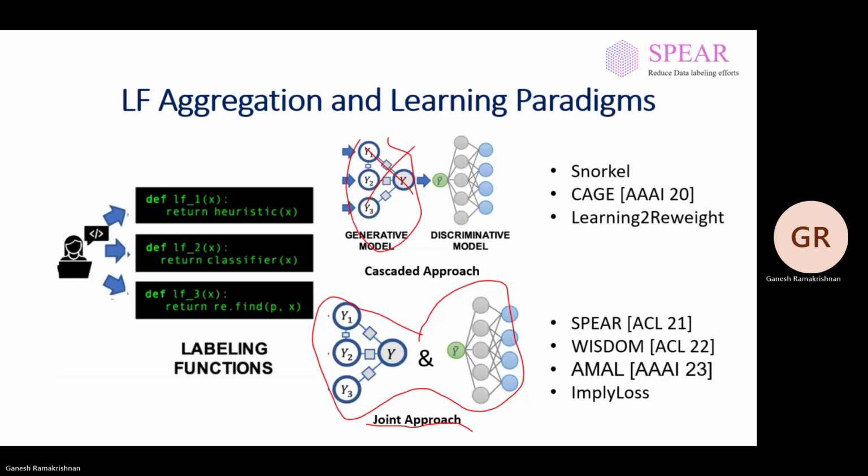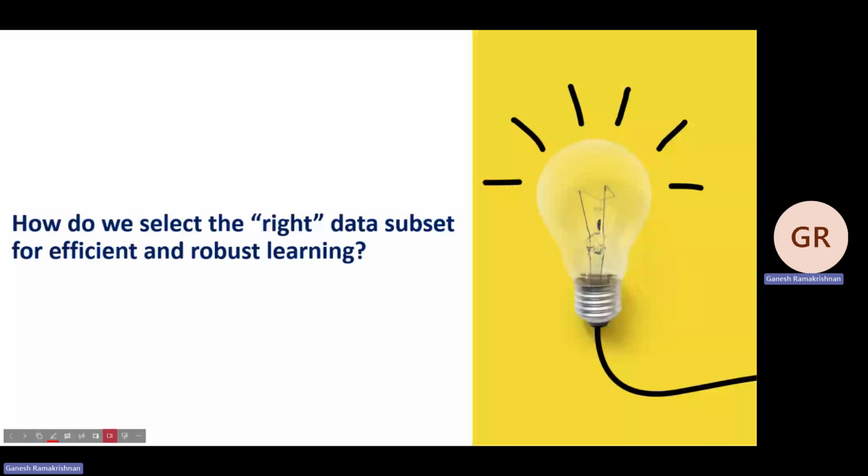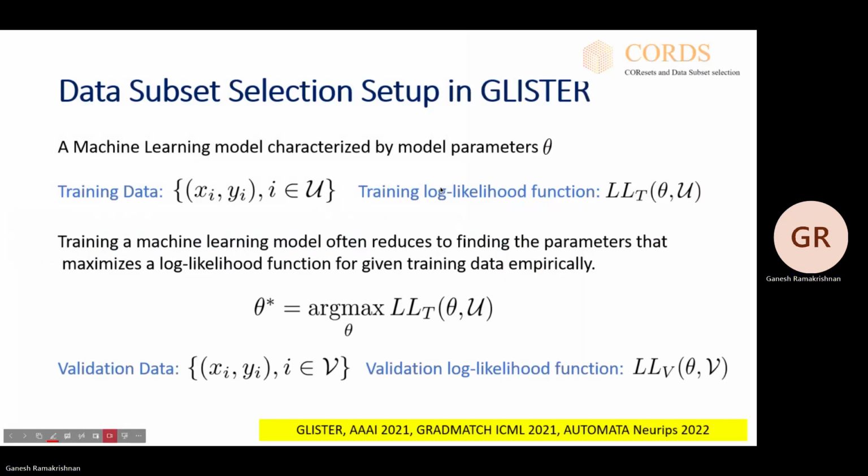Now, I'll give you a flavor of some problem: choosing the right data subset for efficient and robust learning. So it's not just efficient, it's also robust. Here's an example of what we did. One of our initial papers was this one. Let's say I have a training data set, on which I have a log likelihood function which I want to maximize.